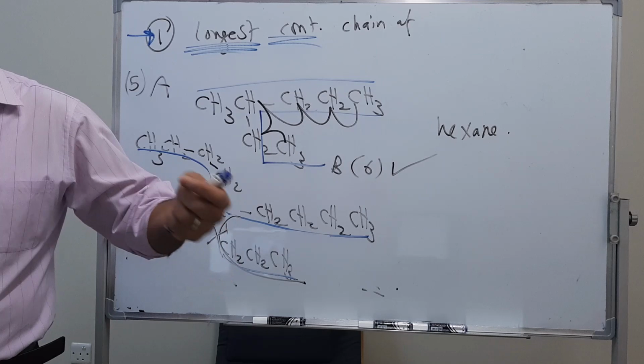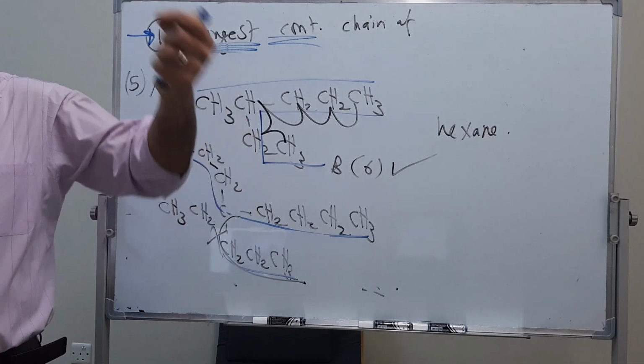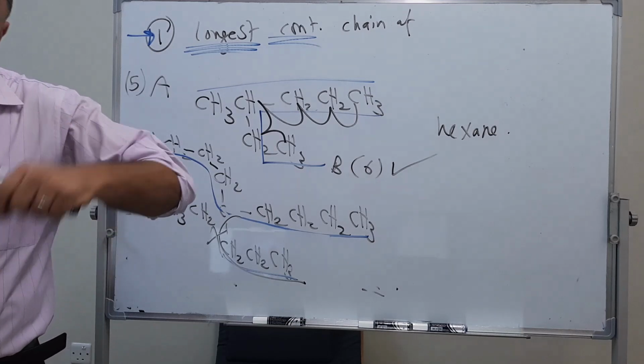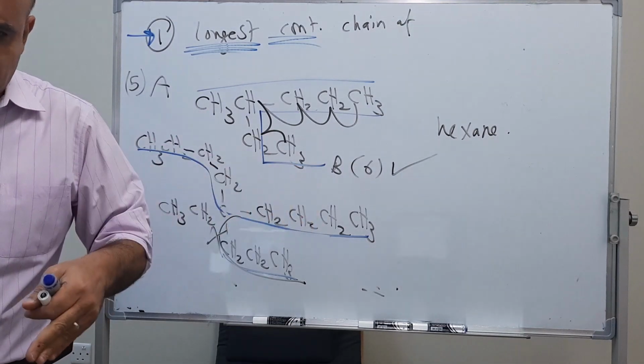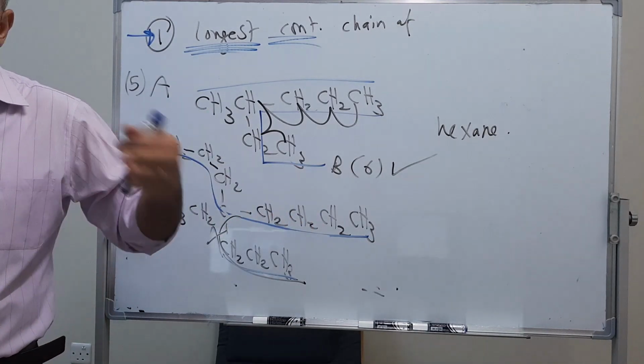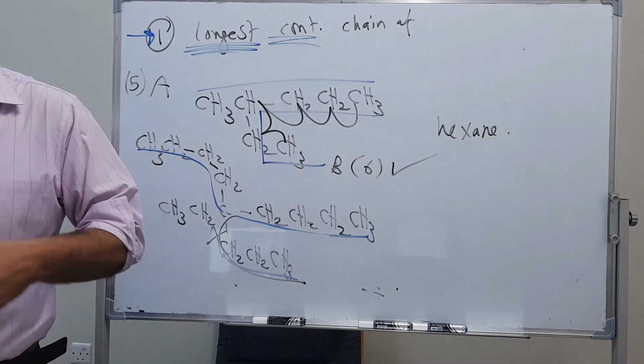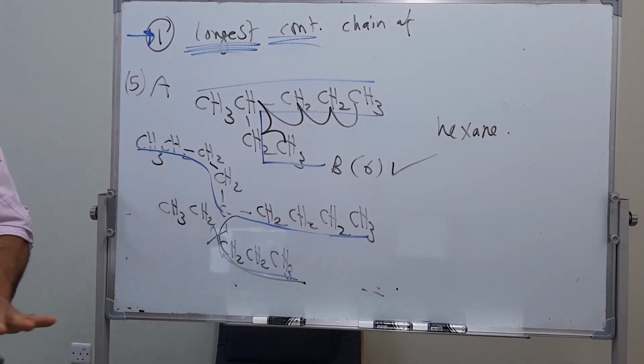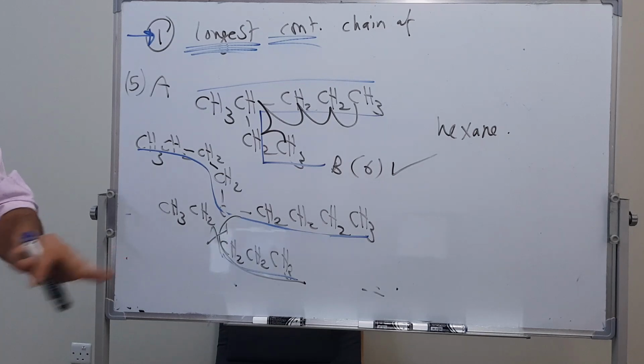These atoms will affect the suffix we add to the parent name, in other words, the ending of the parent name. But it will not have anything to do with the longest continuous chain of carbon atoms. Is that clear, Shayma? So only focus on the number of carbons, not any other atom.